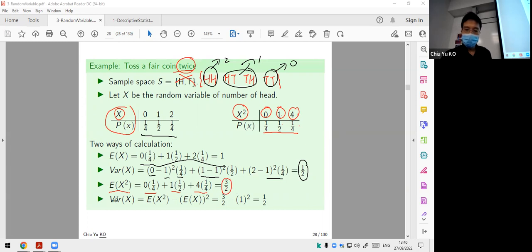The variance of x will be 3/2 minus the square of the mean, which is 1/2. This calculation is easier, especially when you have a large number of outcomes, and also easier when you do it in Excel, because there's x, there's p, then you just square and multiply, and things become easier.